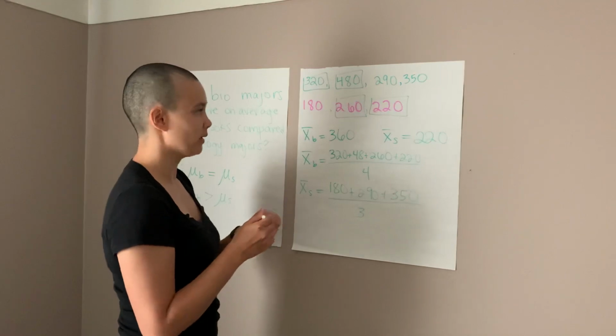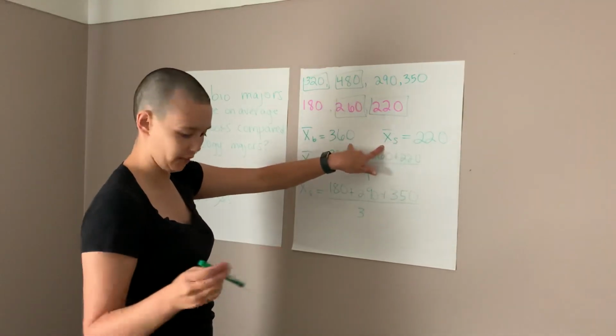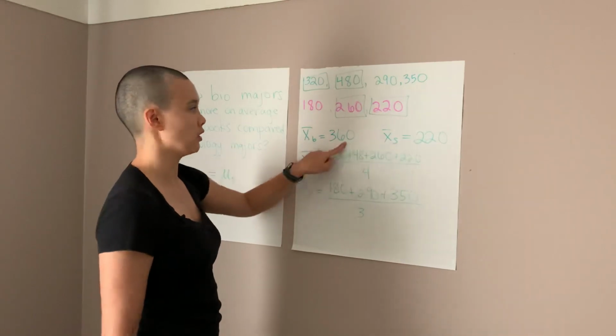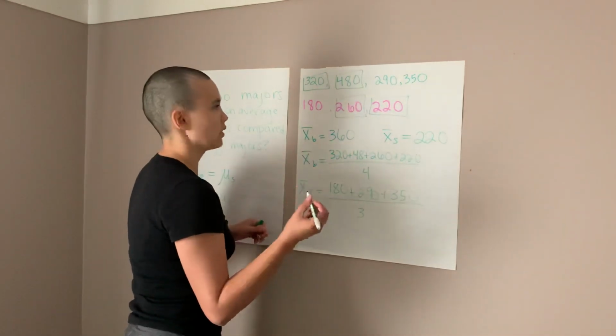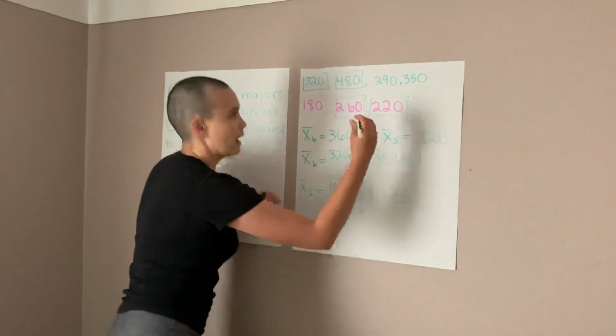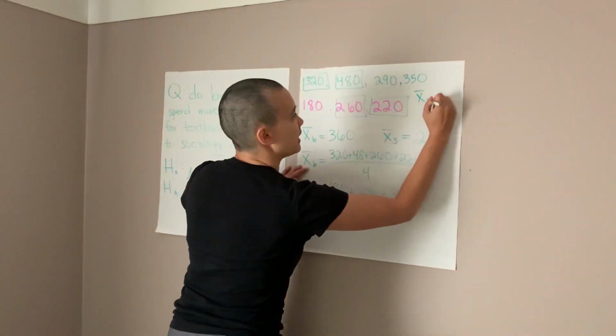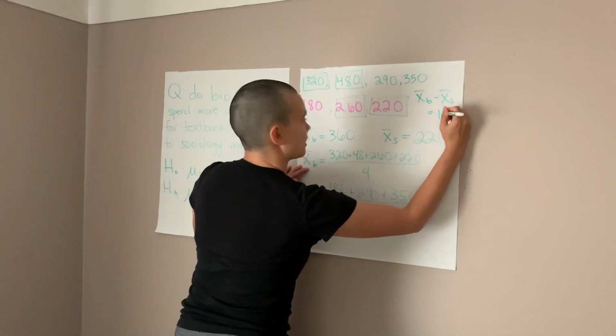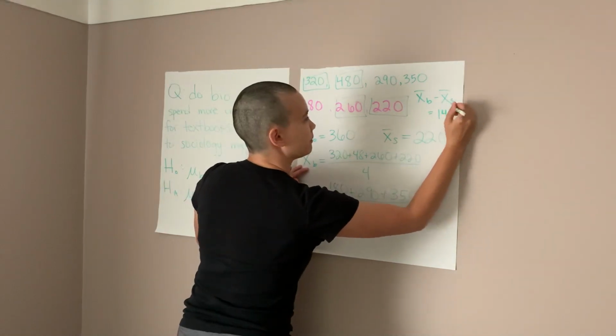Okay, so from our original data set, there is a $140 difference in these two means. So X bar B minus X bar S in the original data set is 140.